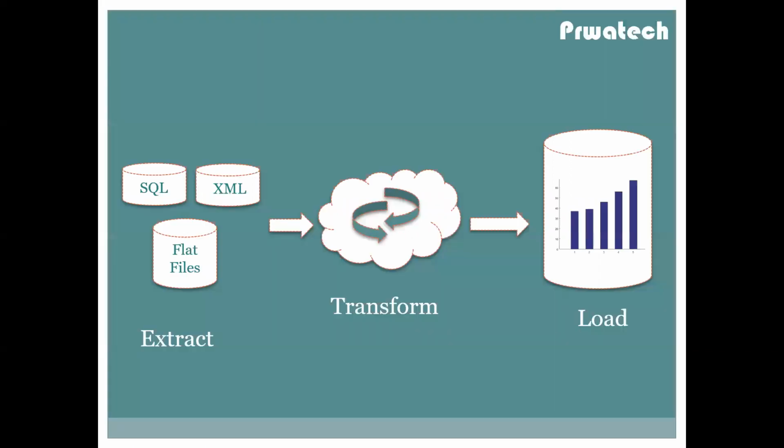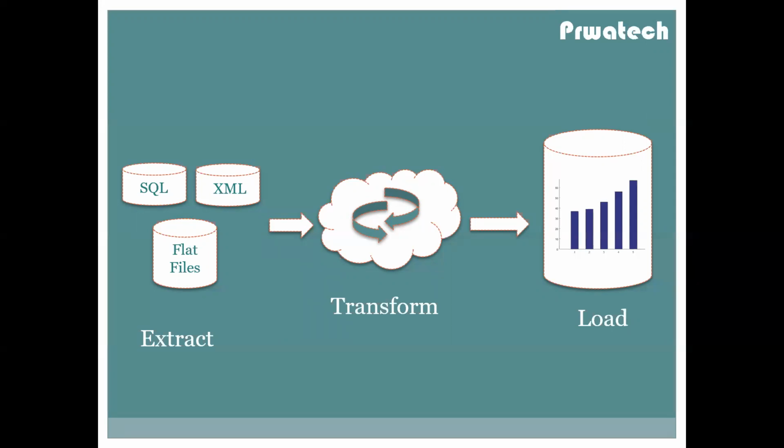Let's move ahead. So what are the steps involved? Like we have seen, extraction, transformation, and loading of the data. The most important thing is that it is essential to properly format and prepare the data in order to load it to the data storage system.